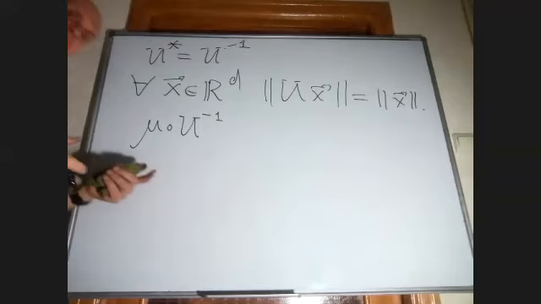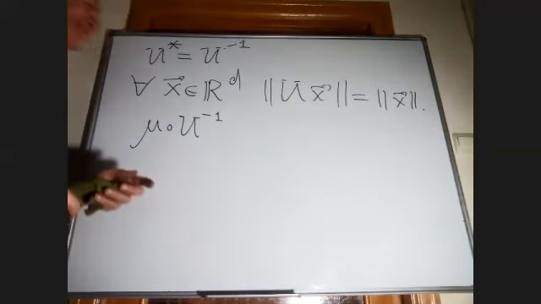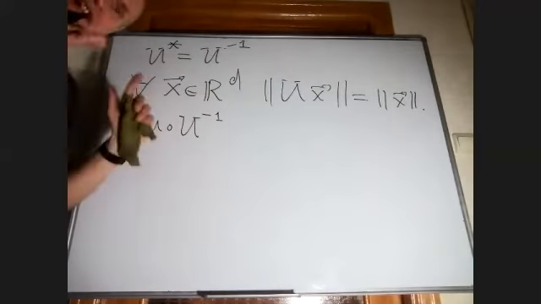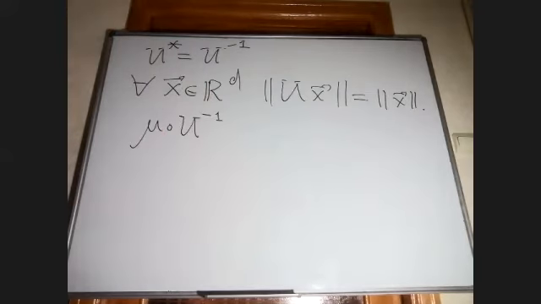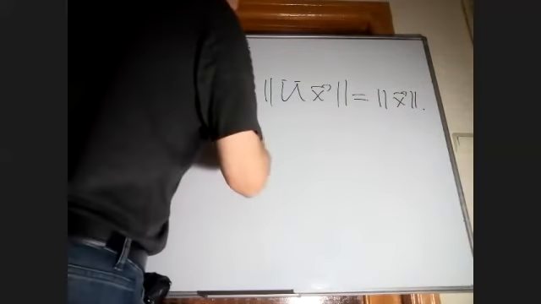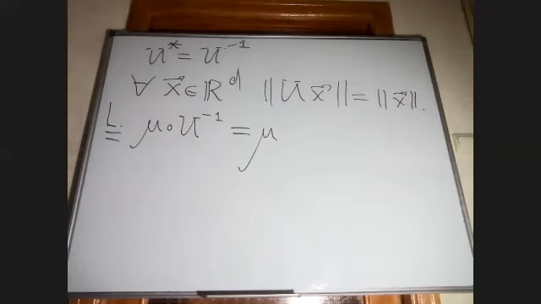This is an image of our measure under this generalized rotation U. So the lemma is that it is again mu. So we see that the distribution of our Brownian motion when it hits the sphere from its center is invariant under rotation. Let's prove it.